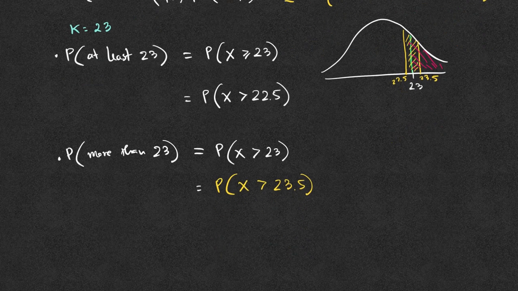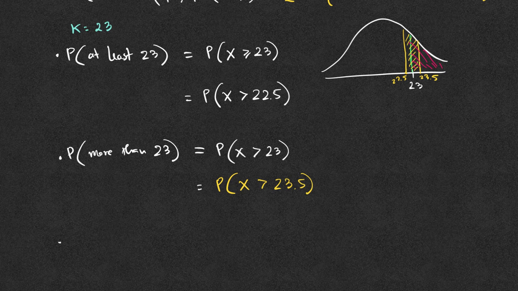What if now we're looking for the probability that x is strictly less than 23? If x is strictly less than 23, then this is P of x less than 23. With continuity correction, we know that we have to shade everything on the left-hand side of 23, but also in this range, we need to make sure that 23 is not included.